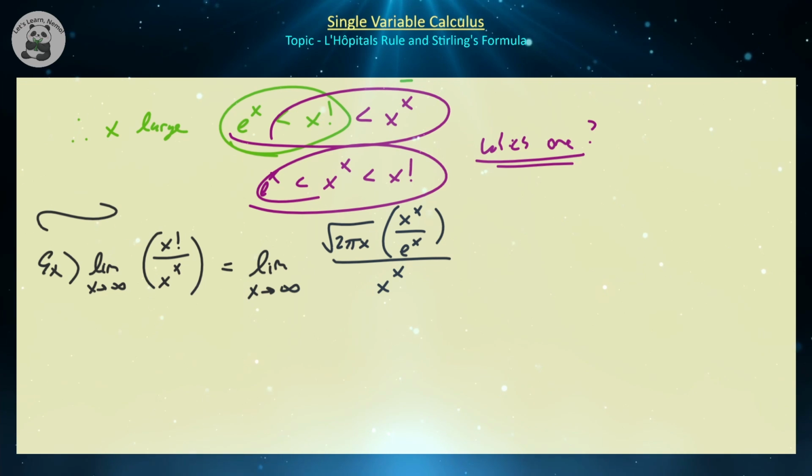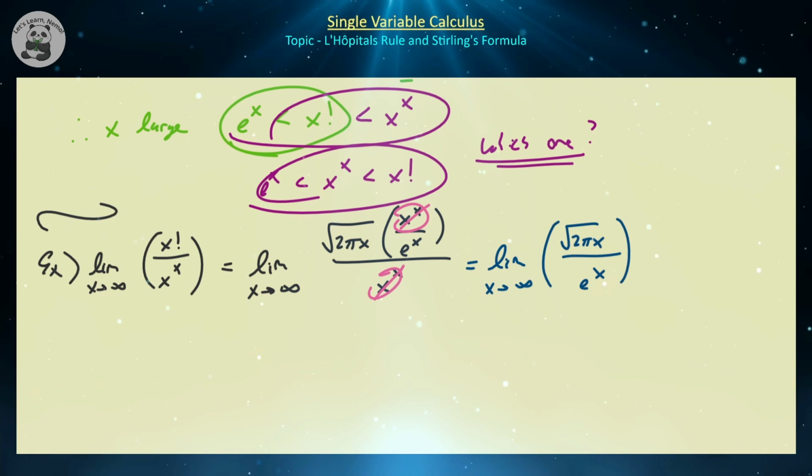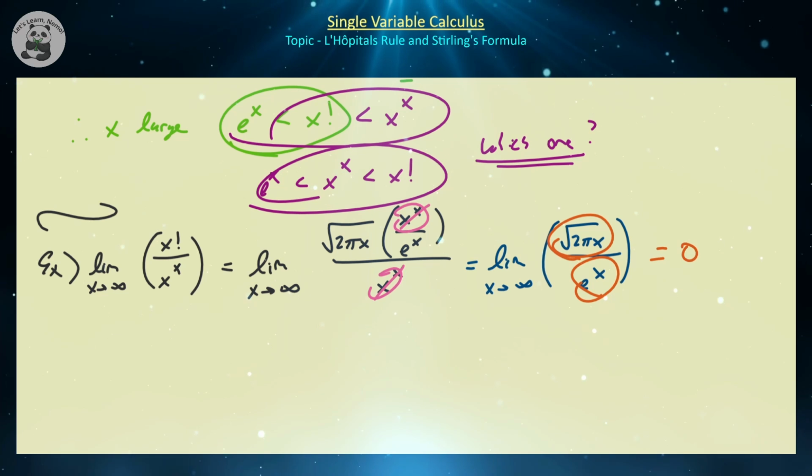Notice that we have x to the x on top and bottom, so we can eliminate them directly. So this is going to be equal to the limit as x goes to infinity of the square root of 2 pi x all over e to the x, and we already know that exponential functions will dominate square root functions, so this limit is indeed equal to 0.